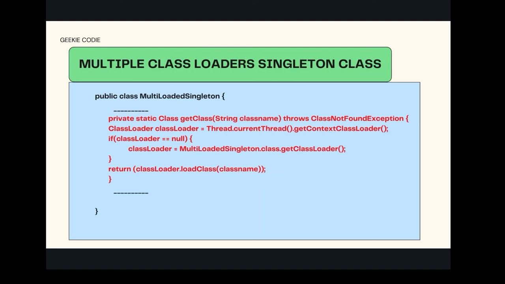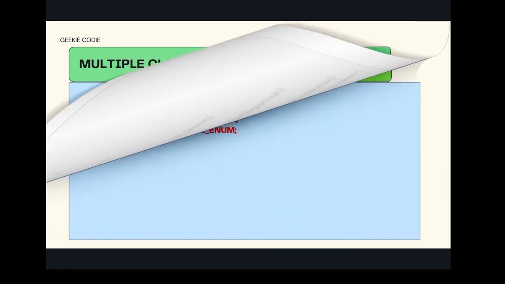So in all scenarios, we first check whether the current thread class loader exists. If it is there, we return the class from that loader; else we create the class loader from the already loaded singleton class and use the same class loader to load it.